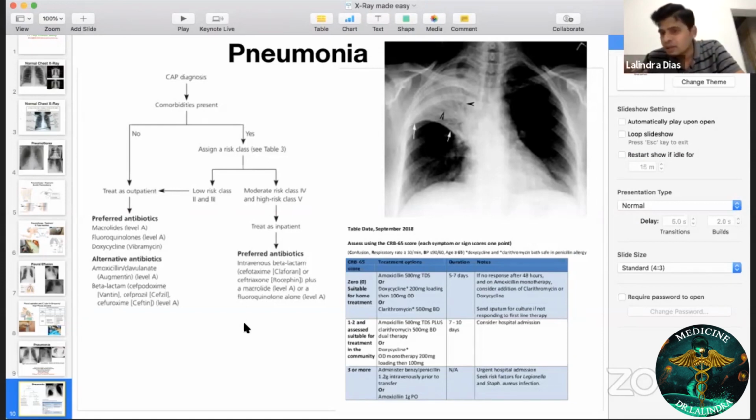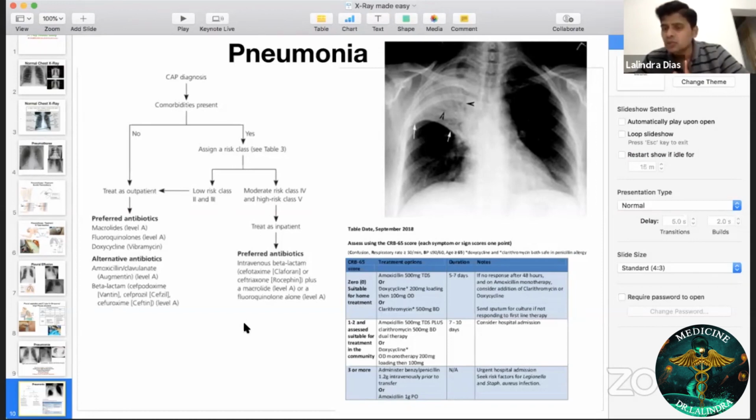There are other multiple severity parameters, like if you have multiple comorbidities, multiple other pathologies, your prognosis is poor. If you have more than one lobe involved in the chest X-ray, again prognosis is poor. If you have hypoxia, that is if your oxygenation is low, either your partial pressure of oxygen, that is PaO2, is low, prognosis is poor.